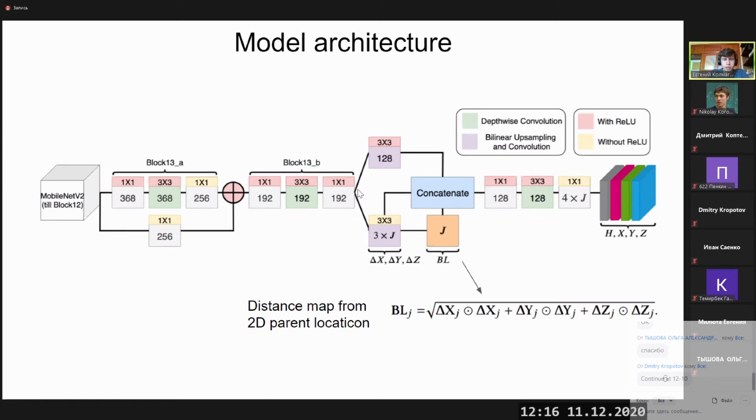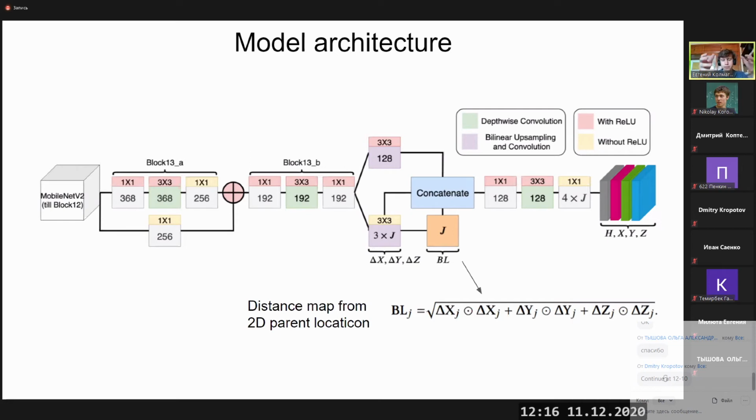After these blocks, they split the output into 2 branches. On the upper branch, they compute standard evaluations with 128 channels, but on the lower branch, they compute a special tensor by convolutions which shows the deviation from the parent point.